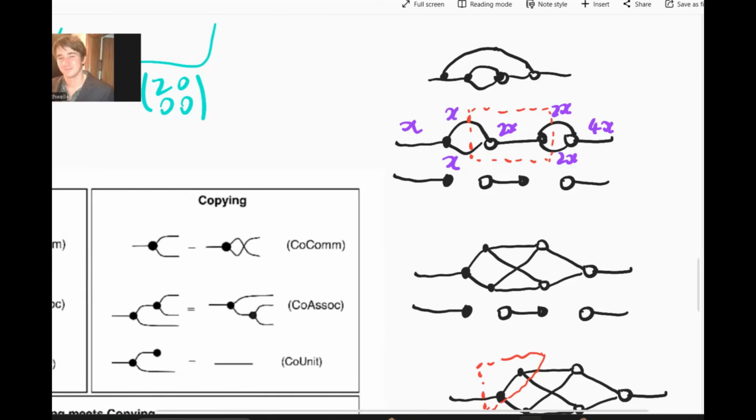And that's going to multiply by 3. So let's see this. So x, we've got an x and an x. And here we've got 3 of them. And then we have a 2x there. And so 3x comes out. So yeah, this top thing here ends up multiplying by 4. Okay. So what do we do next?